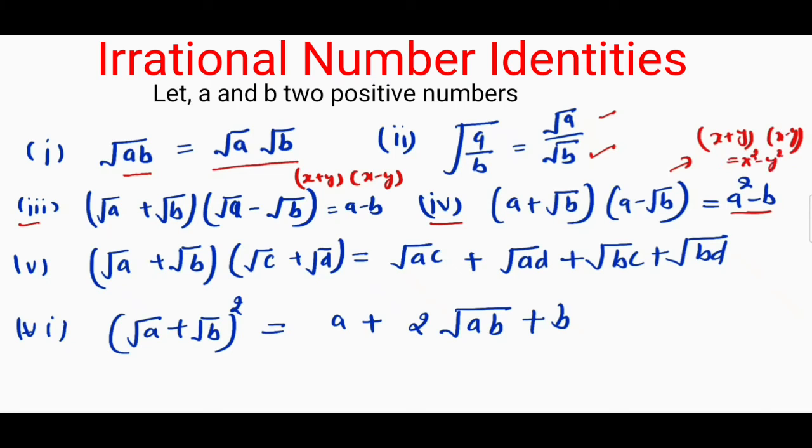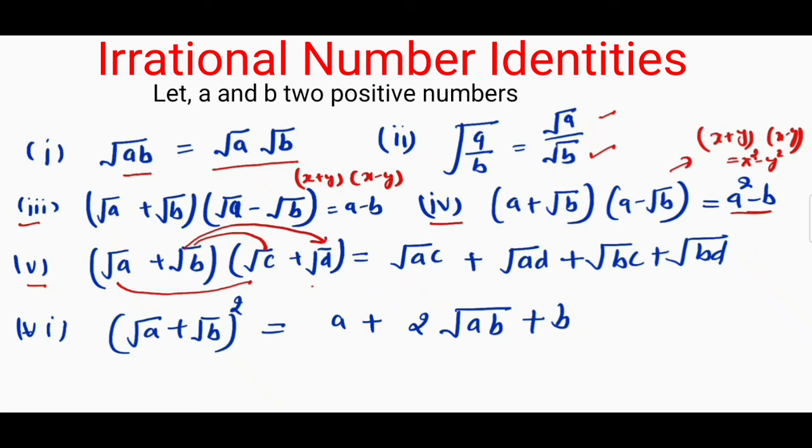So the fifth identity, I have square root of a into square root of b, multiplied by square root of c plus square root of d. So here what we have done, we have multiplied square root of a with square root of c, and next we have multiplied square root of a and square root of d, and then we have multiplied square root of b with square root of c, and last we have multiplied square root of b and square root of d.